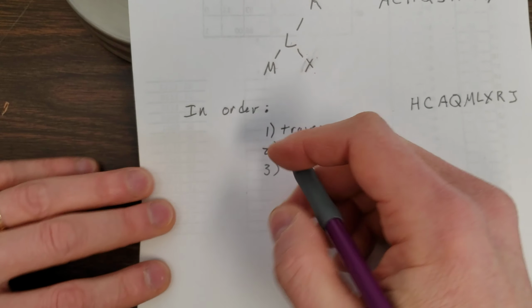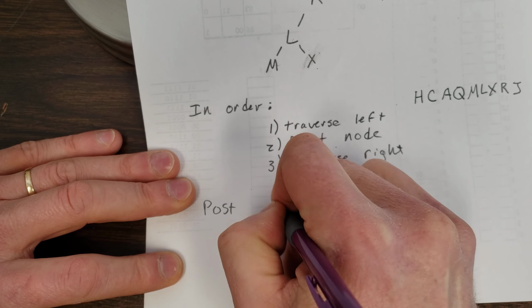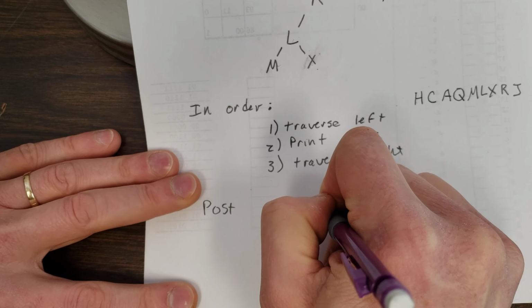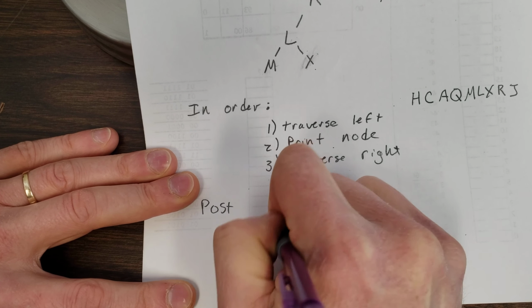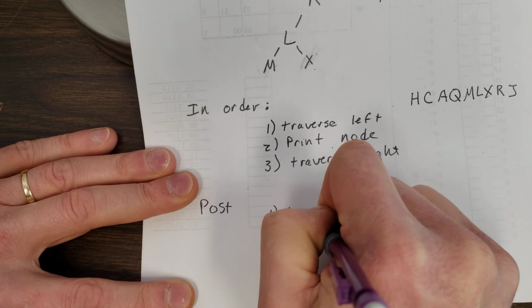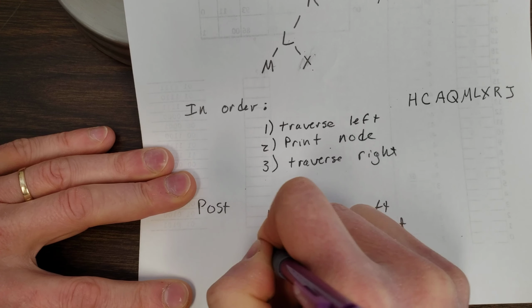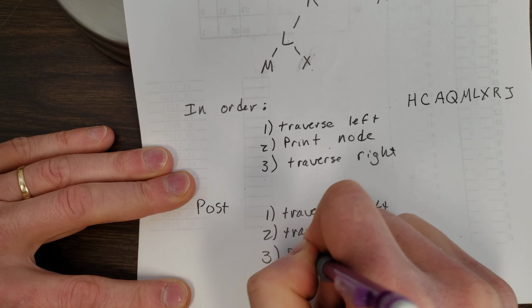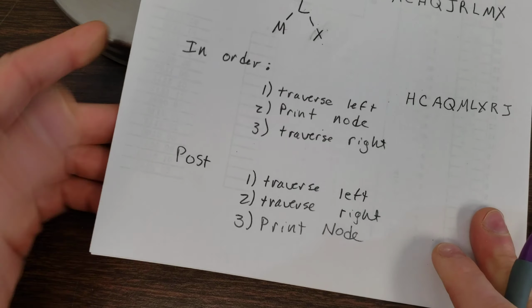Okay, so for post-order, you can probably imagine we traverse left, we traverse right, and then we print node.